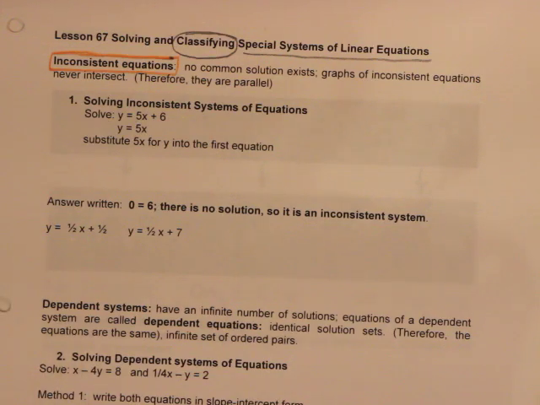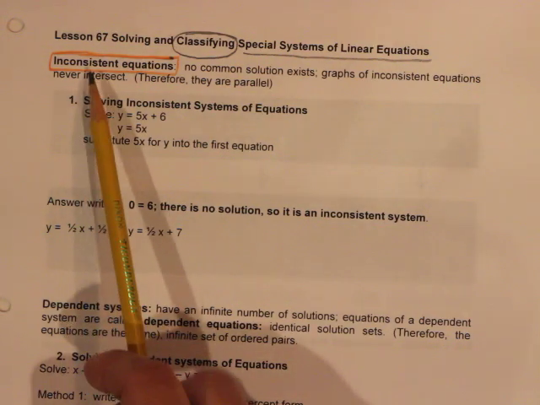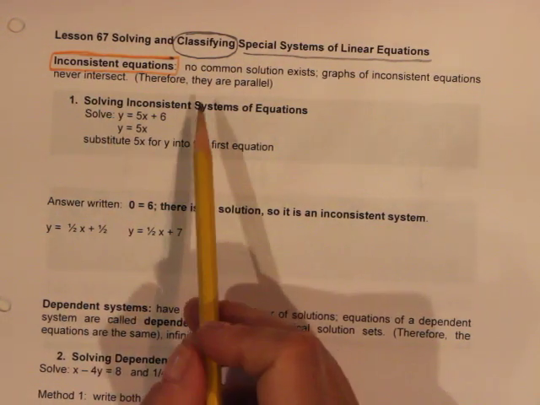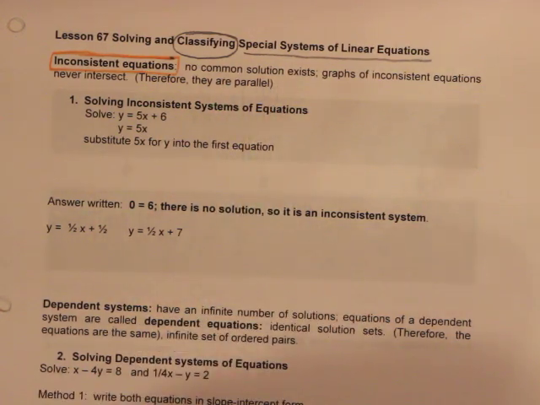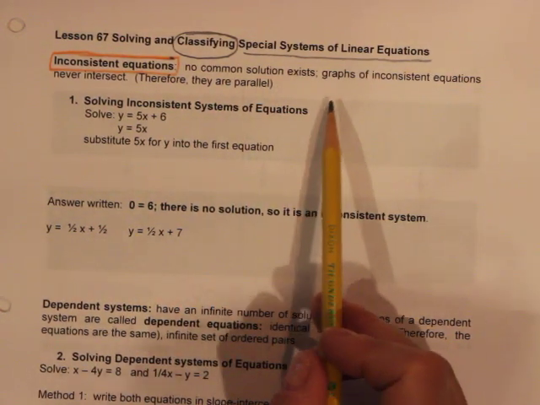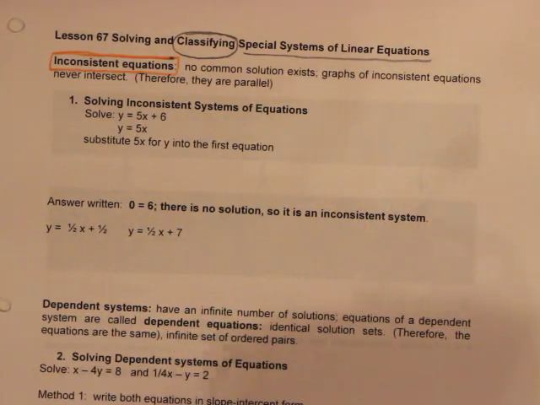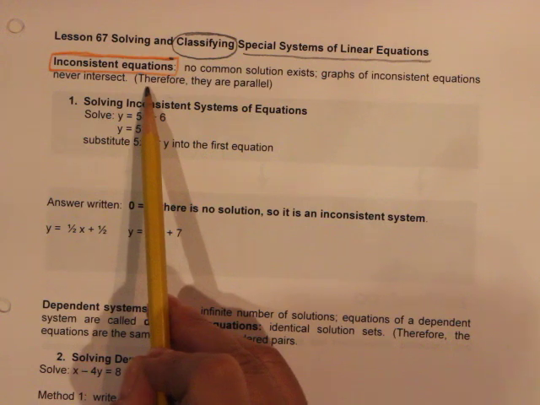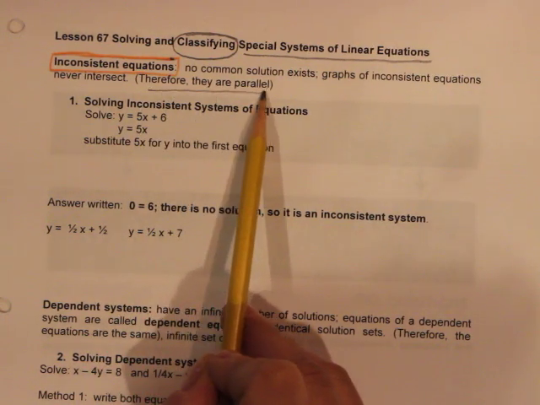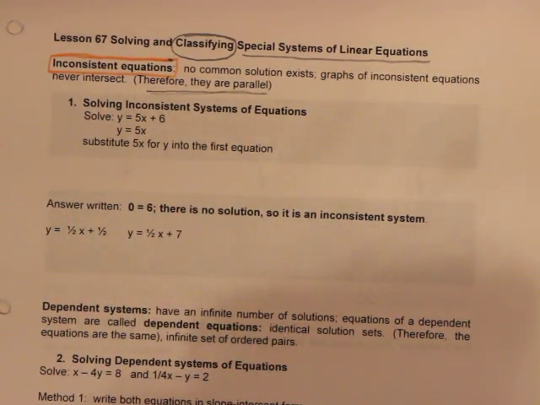When we have two equations that are classified as inconsistent, what that means is that no common solution exists. That means that those two graphs, those two lines, because we're dealing with linear equations, never intersect. They never have a point where both of them are true at the same time, which means because we have two lines that never intersect, that we're dealing with parallel lines, okay?